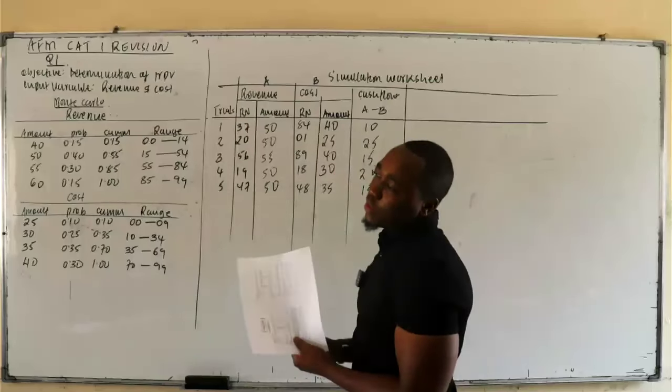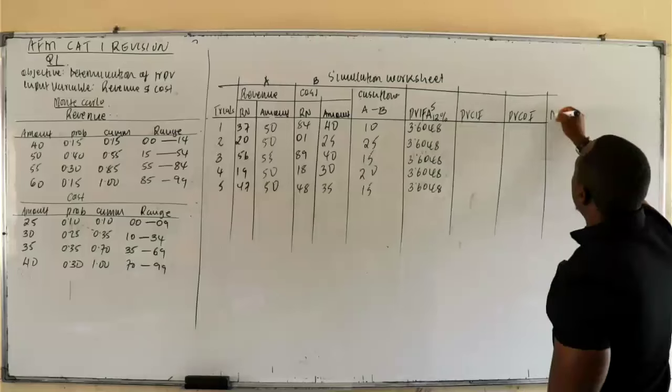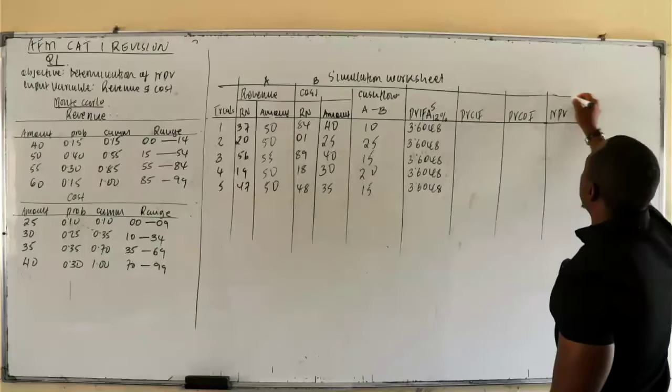And now, if you take the cash flows, then you discount, that's how you get the present value of cash inflow. Once you get the present value of cash inflow, you deduct the present value of cash outflow, and that's how you get our net present value.